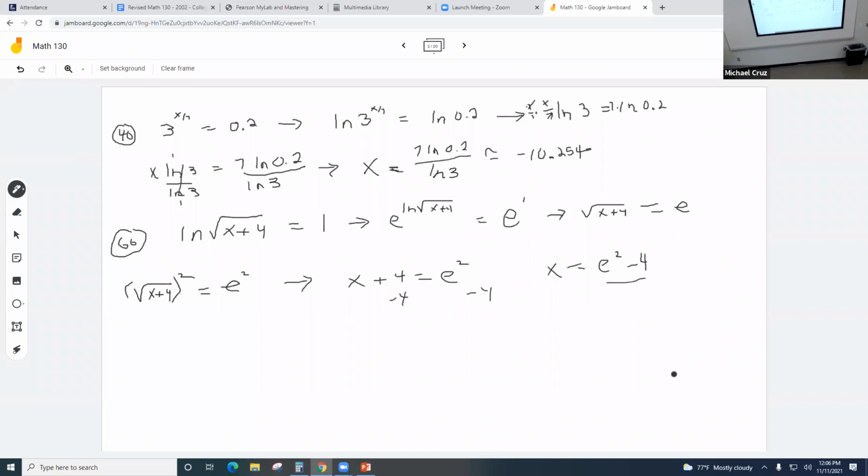I got one more. I said it's kind of long because this is one of the ones you have to check. Let me just show you real quick. I'll set it up.